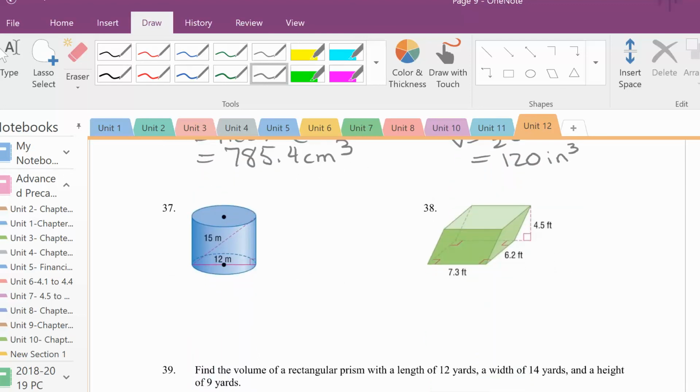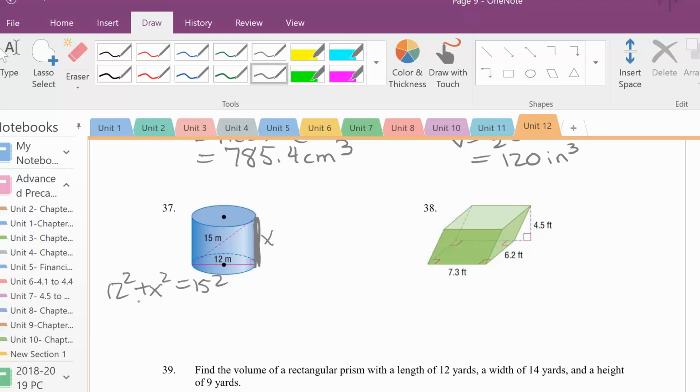All right, so here for 37, we don't know the height of the cylinder, but we can find it by finding this length. It will be the same, so we have to do the Pythagorean Theorem. So we'll call that x. So 12 squared plus x squared equals 15 squared.